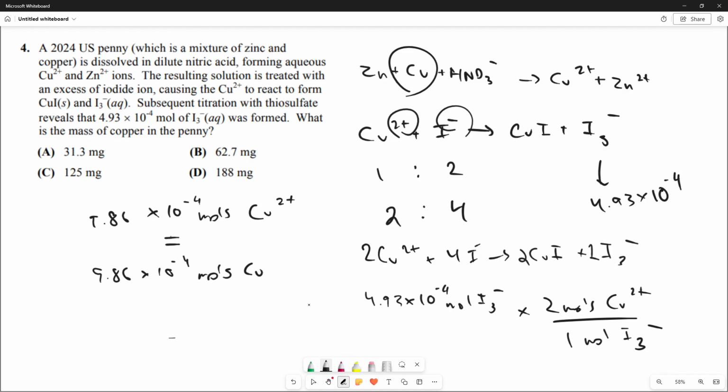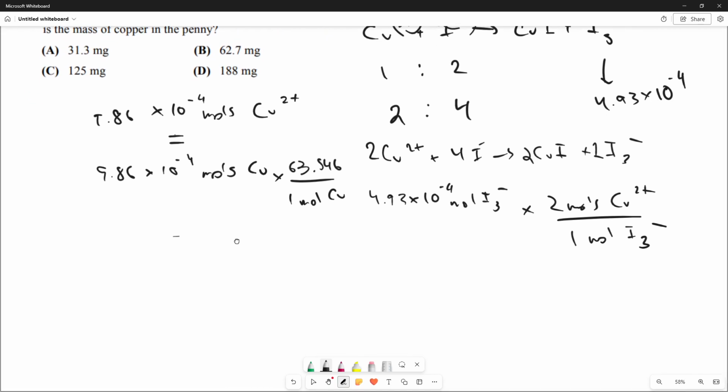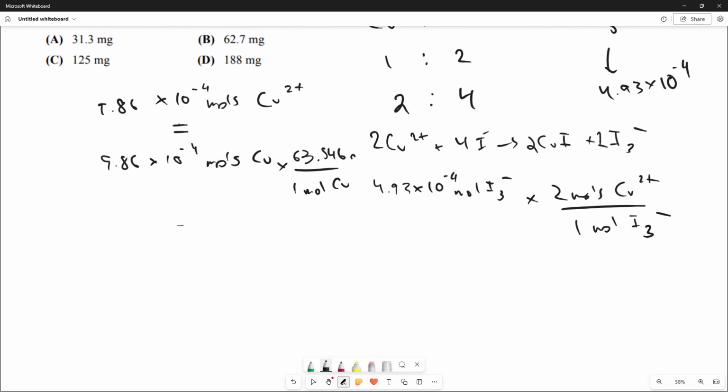So now we just convert to grams by multiplying by the molar mass of copper, which is 63.546 grams for every 1 mole of Cu.